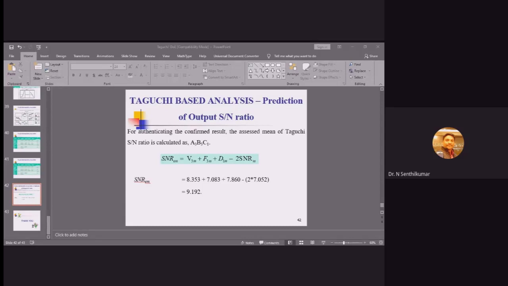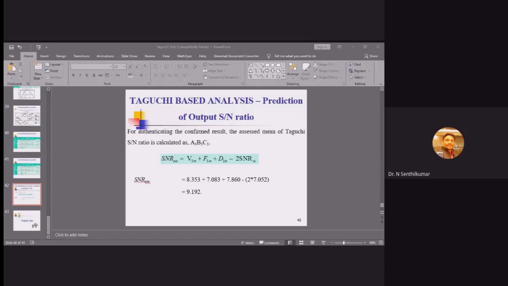Now everything I have converted into a signal-to-noise ratio which has the same unit, decibel. Am I right? The MRR unit is different, surface roughness unit is different, flank wear unit is different. But now I have changed it into a single unit, decibels, signal to noise ratio. Now I am going to provide weightages.